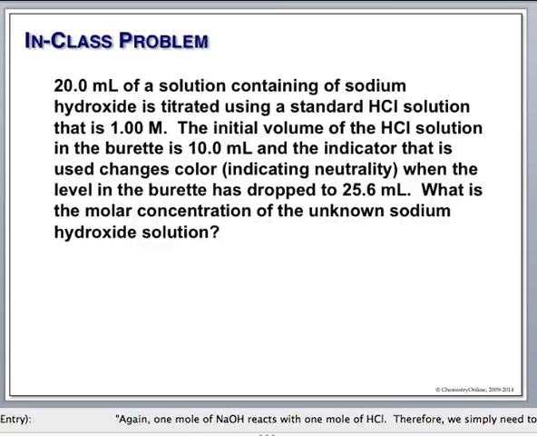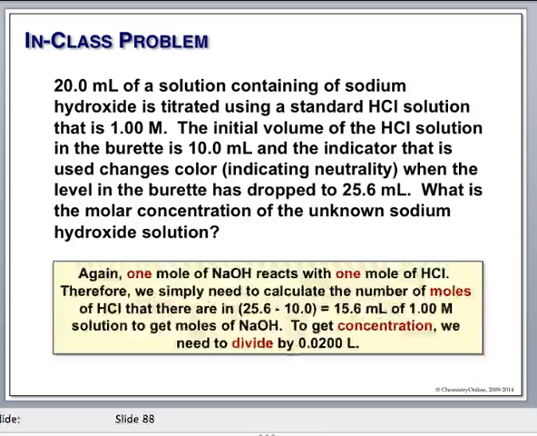Let's just look at one more of these. We have 20 mils sodium hydroxide titrated using HCl. That's 1 molar. We start at 10, we wind up at 25.6. What's the molar concentration of the sodium hydroxide? Well, what do we know?